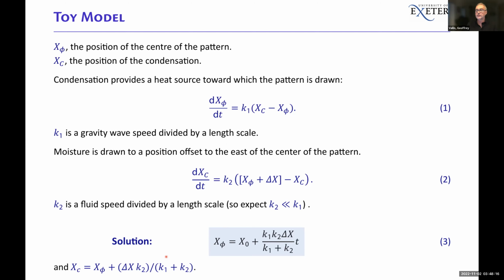You can solve these equations, and the solution is this: the position of the condensation is some initial condition plus these various constants times time. Therefore, it's moving off to the east at a speed determined by these parameters, which are the rate of relaxation of the pattern itself and of the condensation.